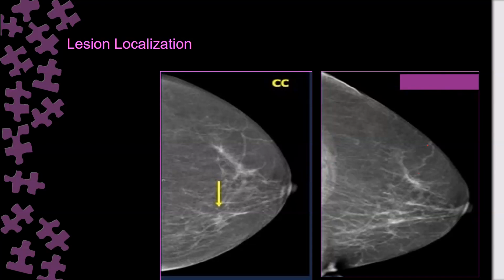You might not see it because you could not see it on the MLO. So first of all, we need to know what is this view type. What is the adjacent view?